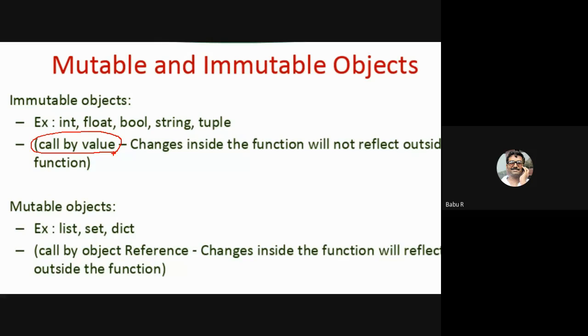That is, whatever change we make inside the function will not reflect outside the function. If you are using call by value, any change within the function is reflected only within the function, not outside the function.